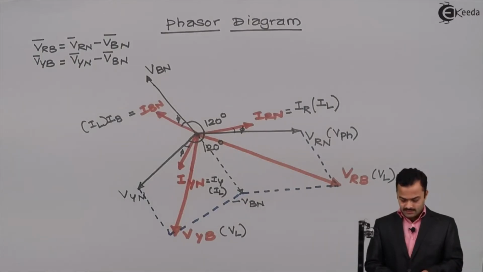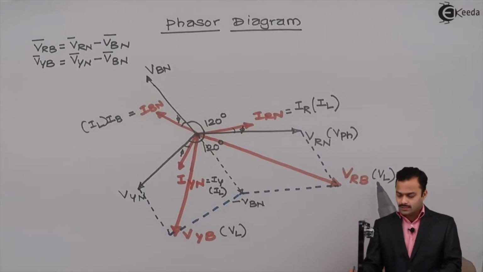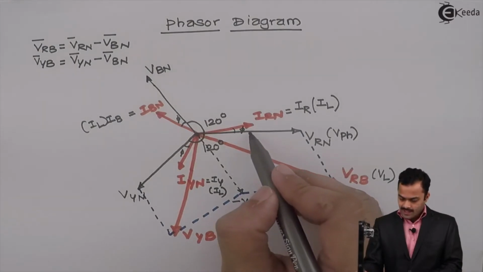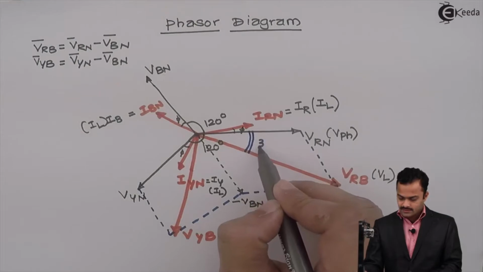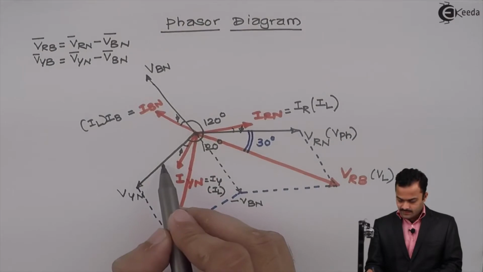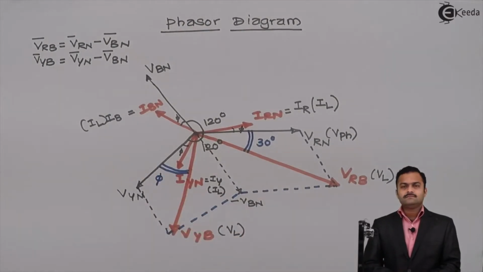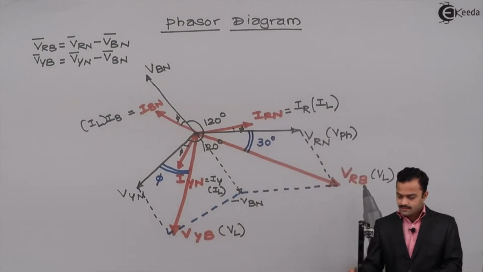Why am I marking this? Because we should know the VPH and VL phasor relationship in a star connected load. What does that mean? The angle between phase voltage and line voltage is 30 degrees. The same I can represent for this. We are interested in knowing the angle between IR and VRB, IY and VYB.